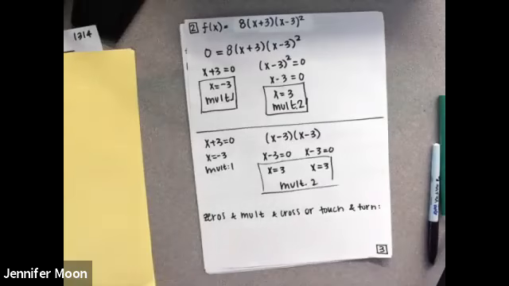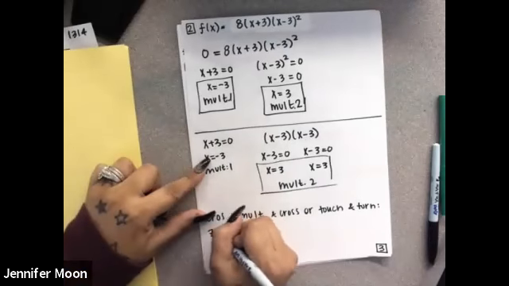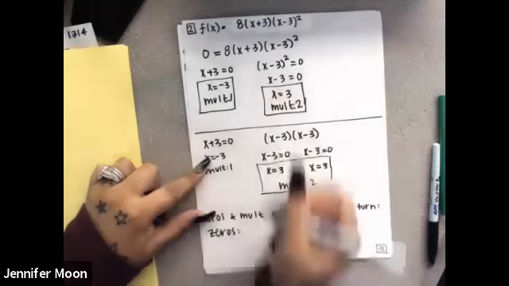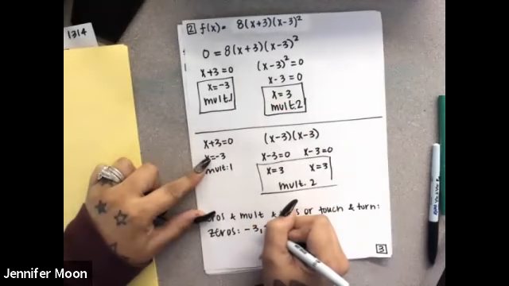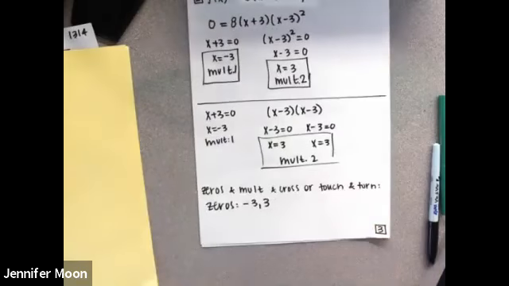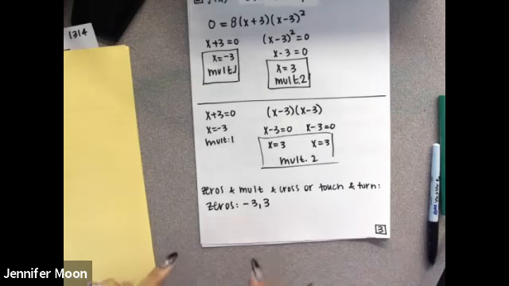But for my zeros, what I have are a what? I've got a -3 and a 3. You just write 3 once. Those are zeros, okay? There's only one +3 on the x-axis anyways. The only reason I need to know how many times I see that number is to see whether or not it crosses or touches and turns.